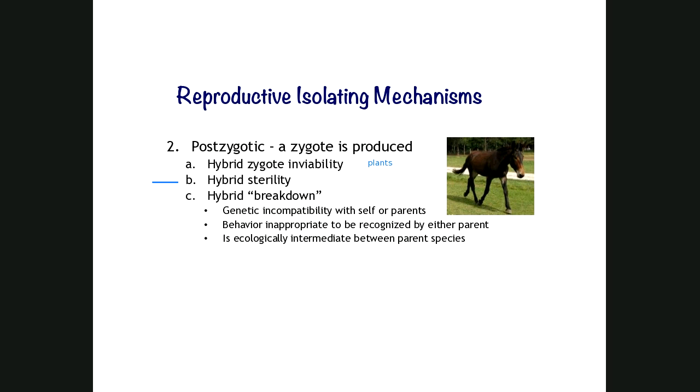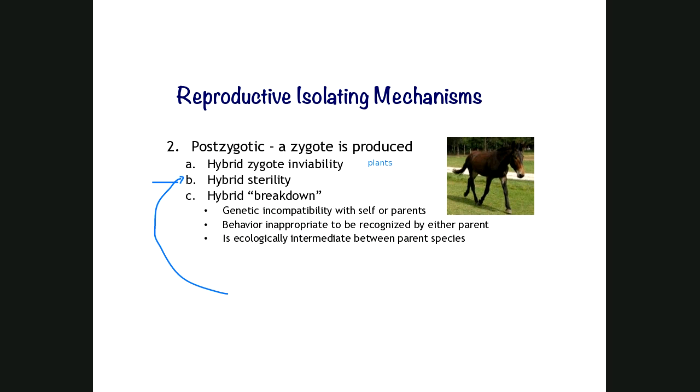I'm going to draw that down here at the bottom. So B right here is a donkey plus a horse, and it equals a sterile mule. Okay, so that's letter B.